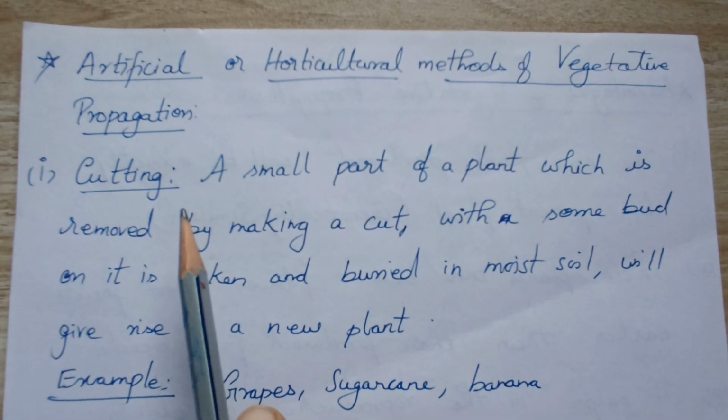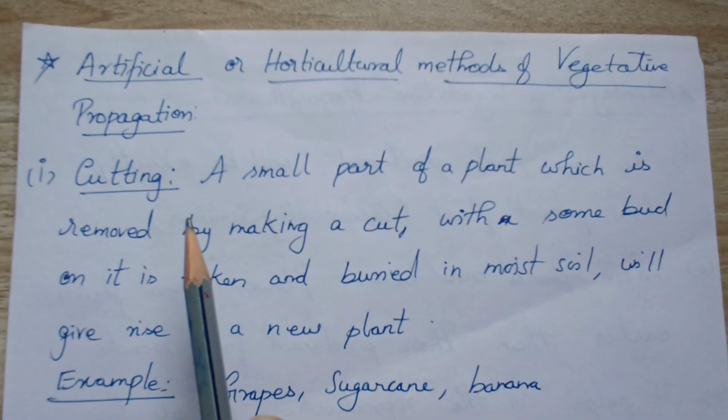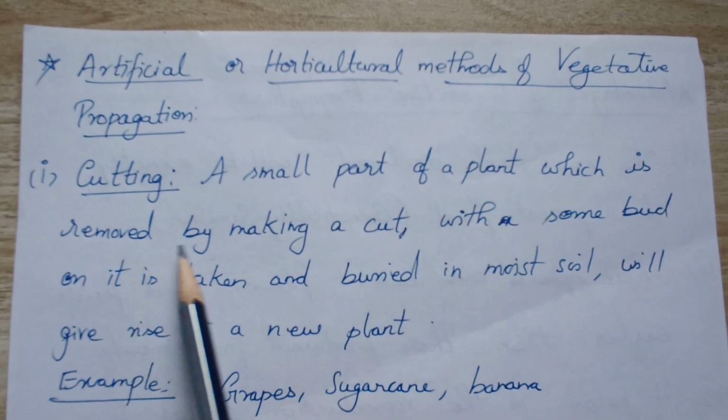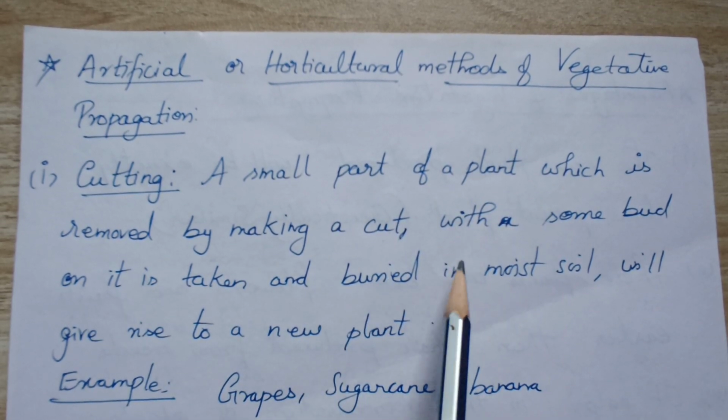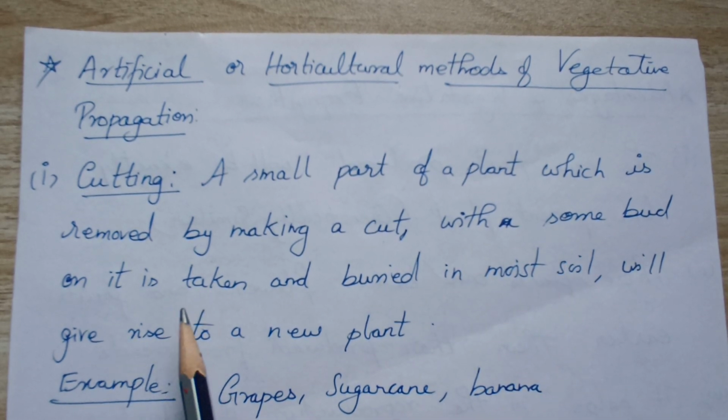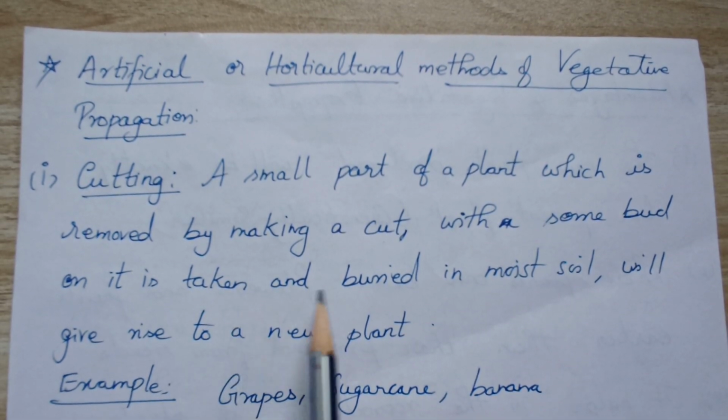Cutting, here, same thing, from the stem with some nodes. A small part of the plant is removed by making a cut, and that part should have some bud on it. It is taken and buried in moist soil, and it will give rise to a new plant.